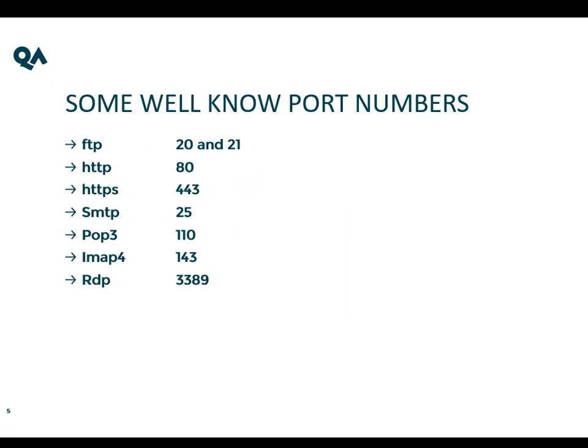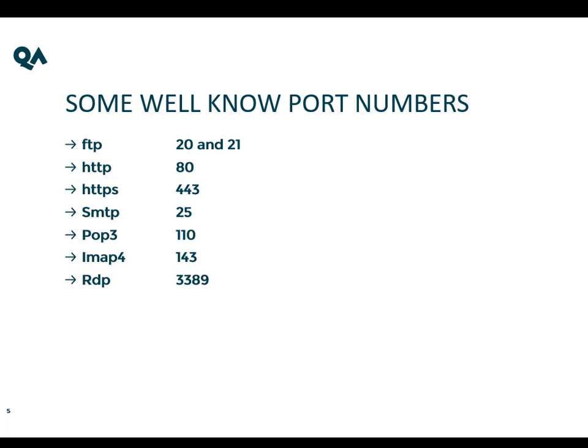Some well-known port numbers that you may be using within your internal networks. If we're using FTP, File Transfer Protocol, we'll be using ports 20 and 21 because we have data and we have control. HTTP, our Hypertext Transfer Protocol, uses port 80. HTTPS, secure Hypertext Transfer Protocol, is port 443.